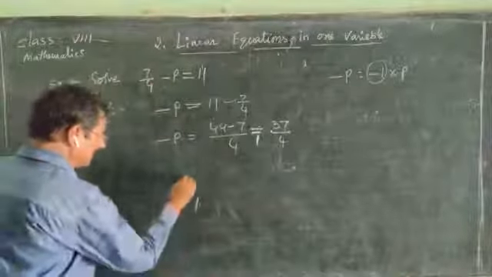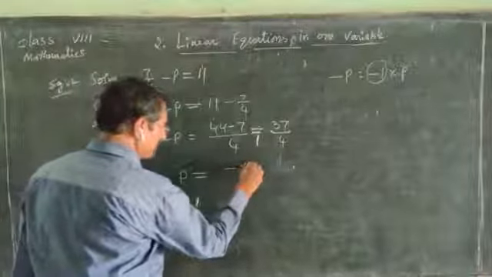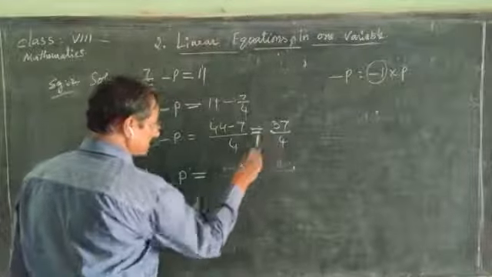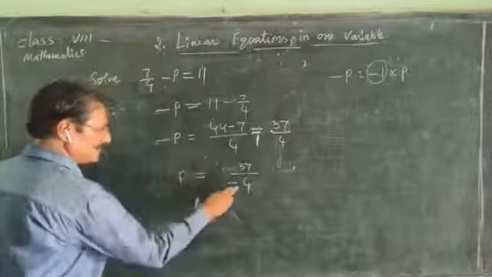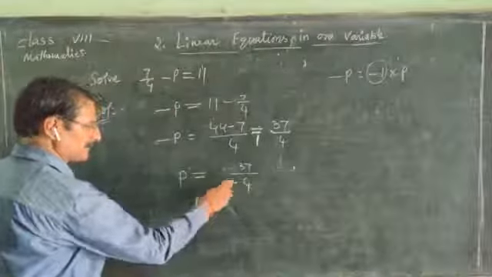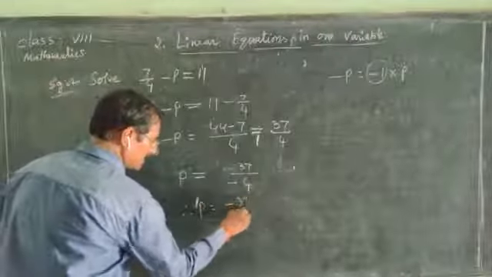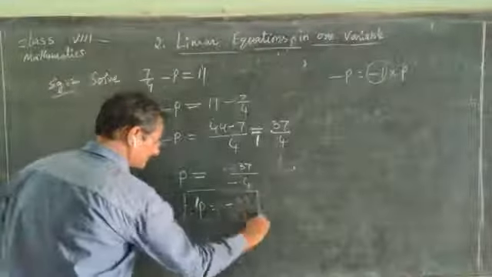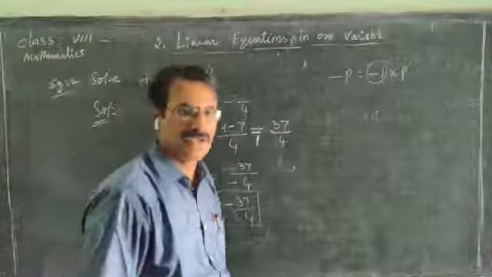So p equal to 37 by minus 1 into 4, minus into plus gives minus. Finally, p equal to minus 37 by 4. It is the solution of the equation.